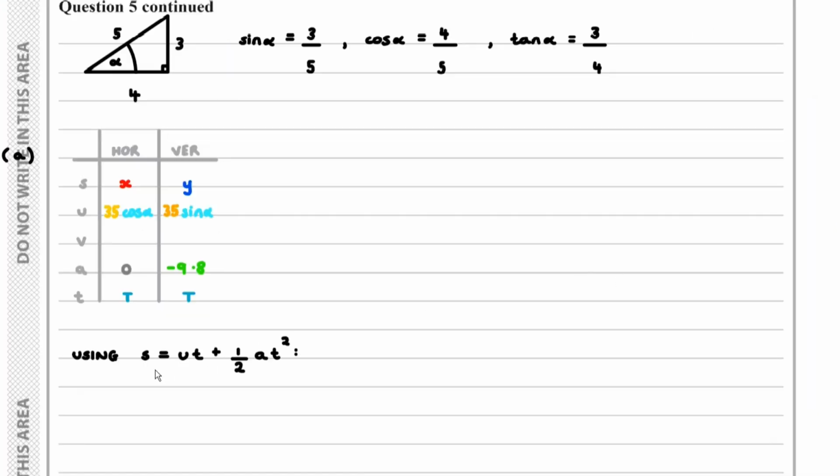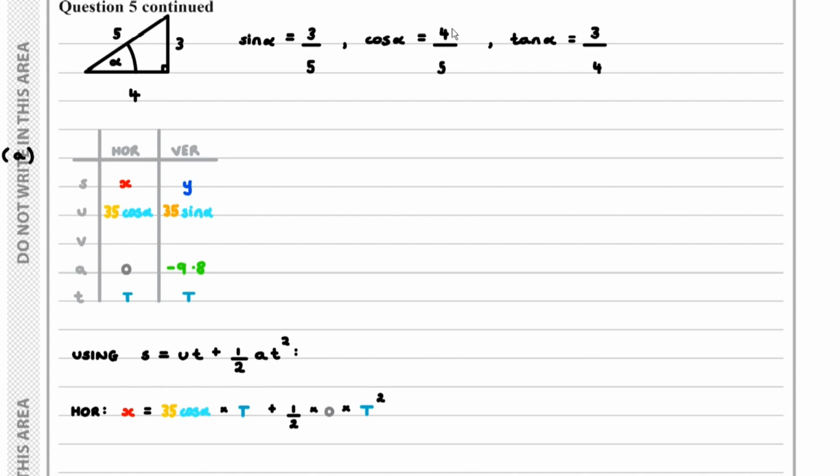So, using s equals ut plus 1/2 at squared, let's first of all consider the horizontal motion. We have x equals 35 cos alpha multiplied by t plus 1/2 multiplied by 0 multiplied by t squared.